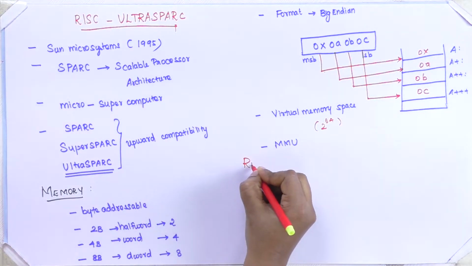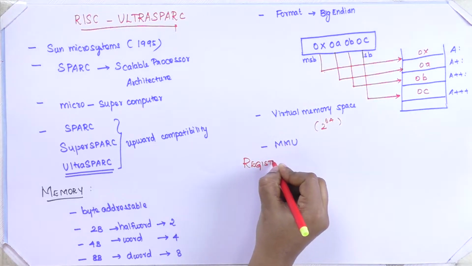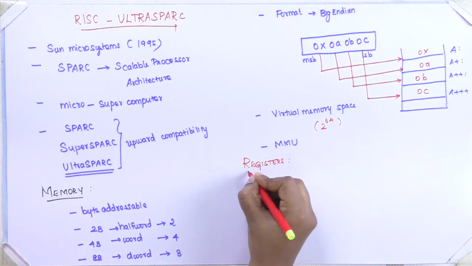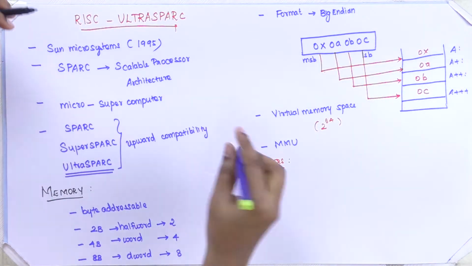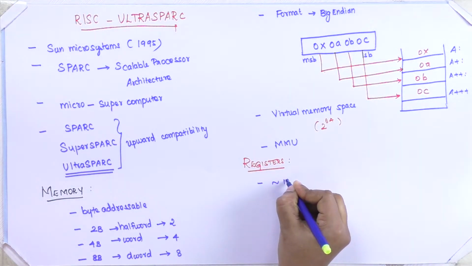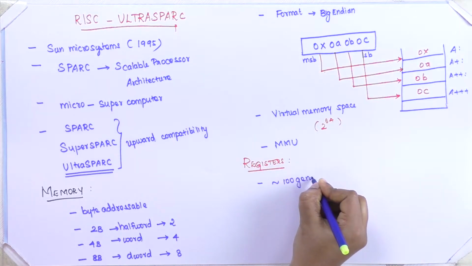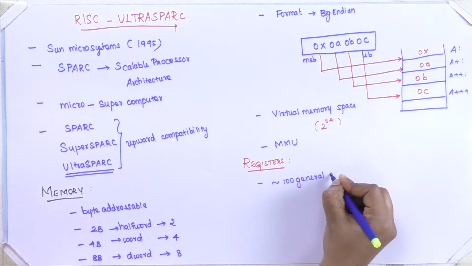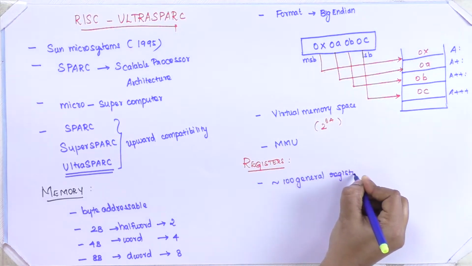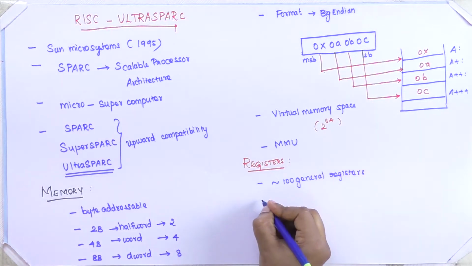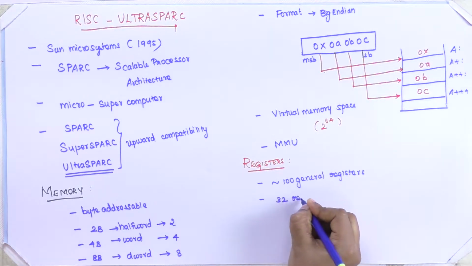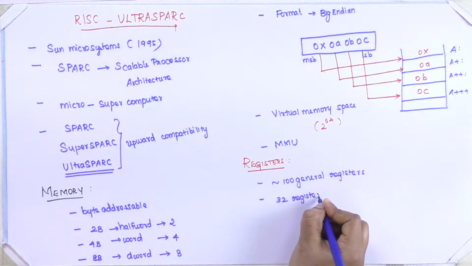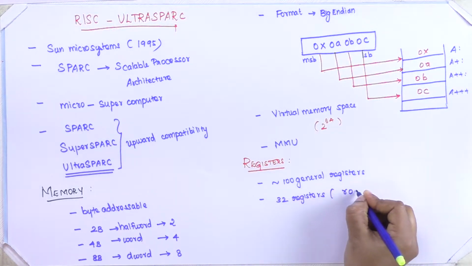Next is registers. More than 100 general purpose registers are available in UltraSPARC architecture. But any procedure can access only 32 registers, from R0 to R31.